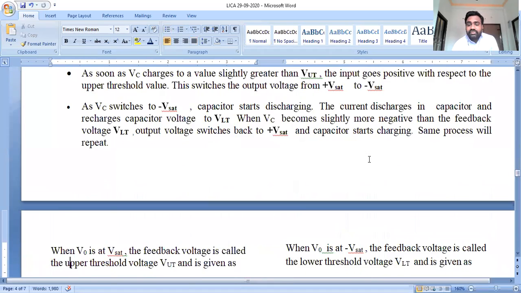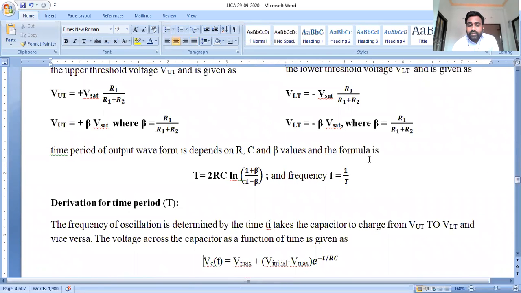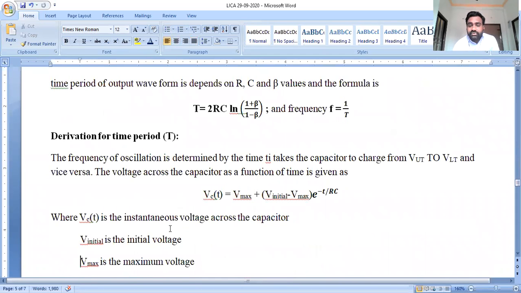With the help of the transient response of a series RC circuit, the capacitor voltage at an instant of time is equal to Vmax plus (V initial minus Vmax) into e to the power of minus t by RC. Here the capacitor voltage is our instantaneous voltage across the capacitor, V initial is the initial voltage, and Vmax is the maximum voltage.